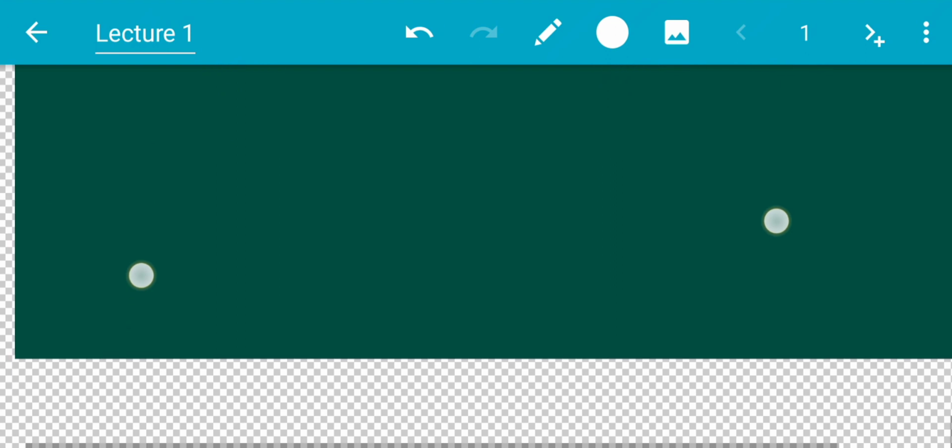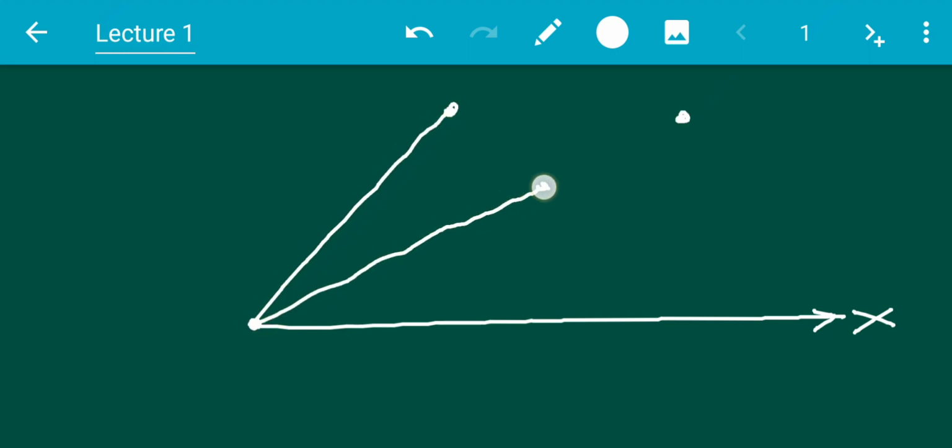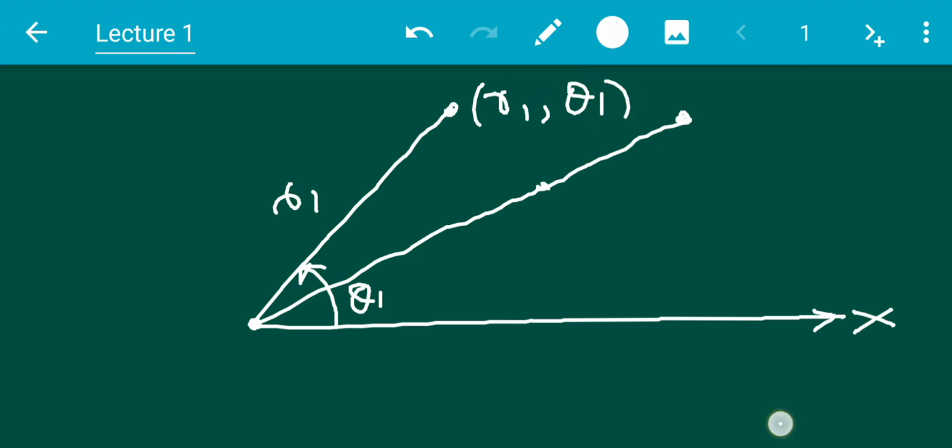Now you can imagine that this may be the same for all the points. Suppose this is a point, this is a point, and this is a point. For the first, this is r1 and this is theta 1, so the coordinate is (r1, theta 1). Here is another point, with theta 2 and length r2, so the coordinate is (r2, theta 2).